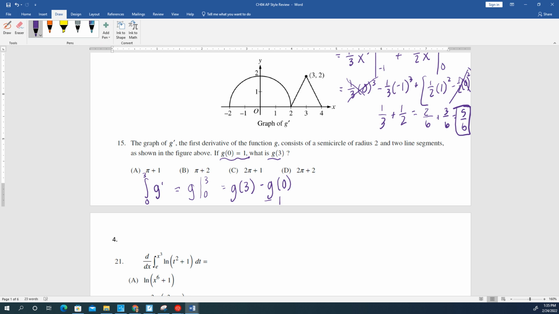Okay, so from 0 to 3 of g prime, that's saying find the area under the curve from here to here. So we have a quarter of a circle, so it'd be 1/4 pi r squared, radius is 2, plus a triangle, 1/2 base times height.